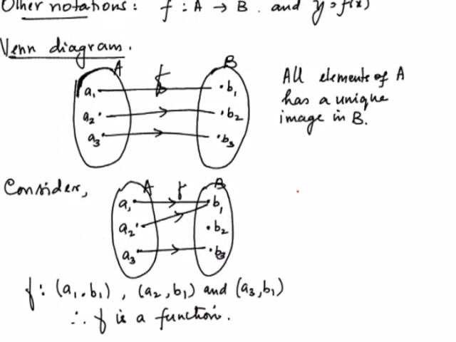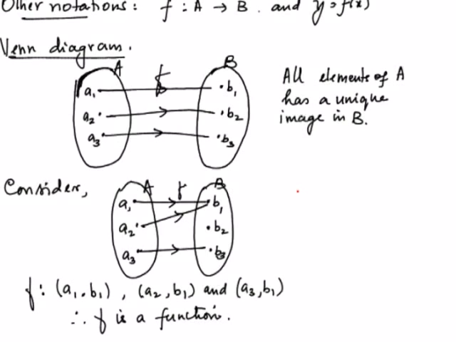Let us consider one more situation. Again, A contains elements a1, a2, a3 and B contains elements b1, b2, b3.